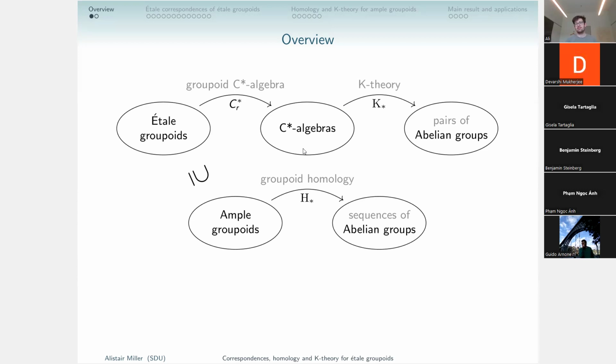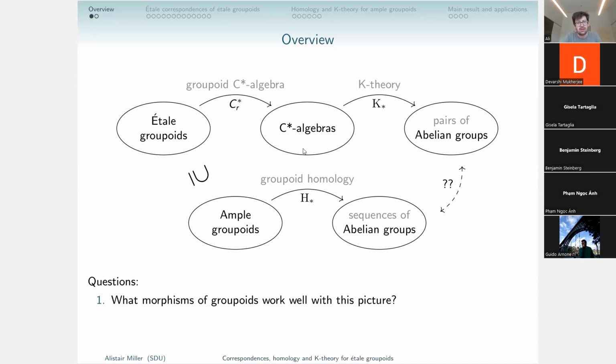And then groupoid homology becomes quite natural to study as a generalization of group homology. And it turns out that there are connections between groupoid homology and the K-theory of the C-star algebra. I'll get a bit more into that later.